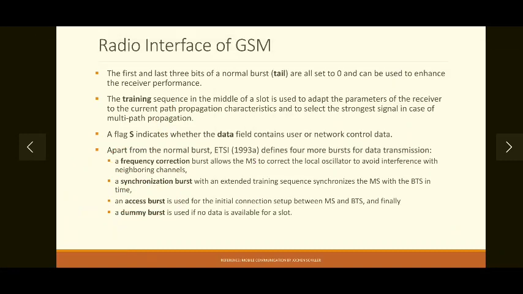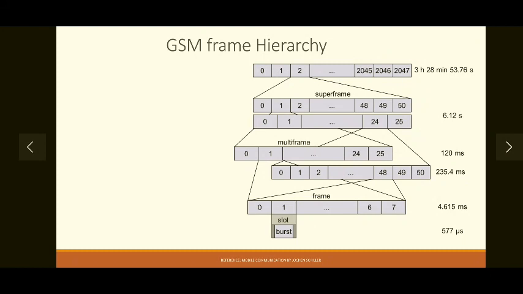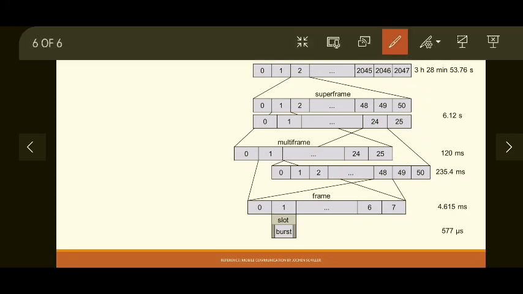Now let's see how these frames are combined to provide the total system, the GSM frame hierarchy. As we have seen previously, different types of bursts are inserted in a time slot.